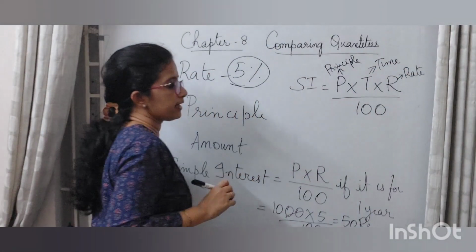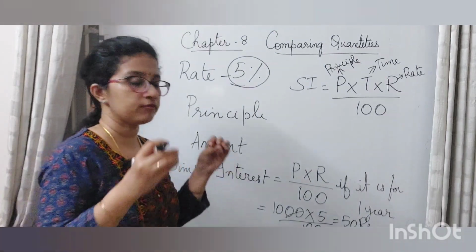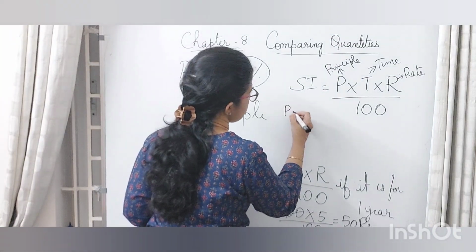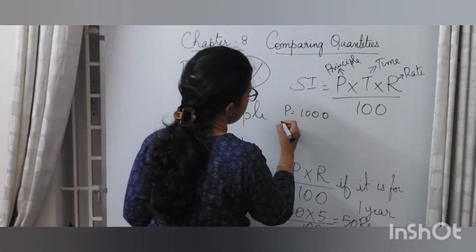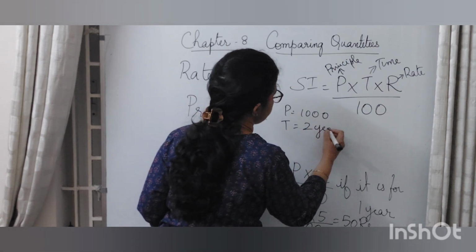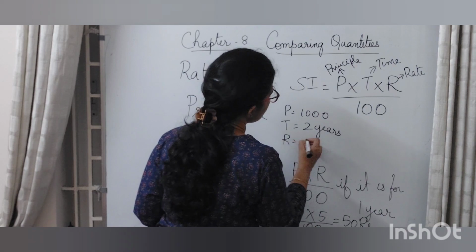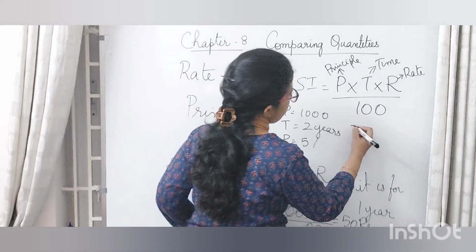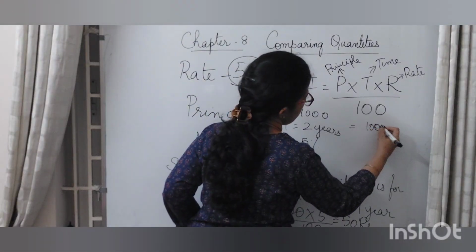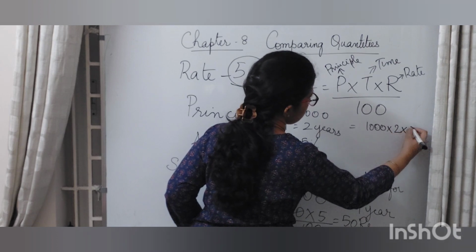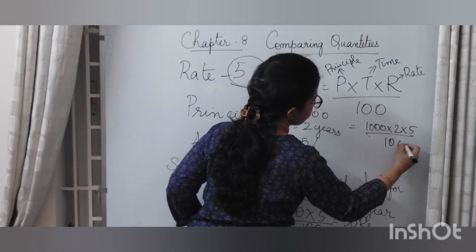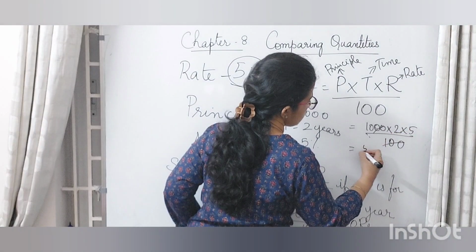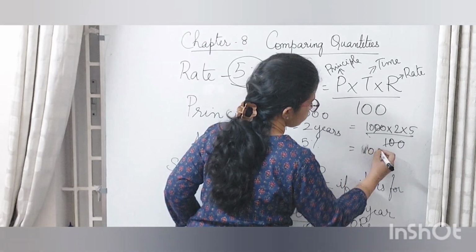Suppose we have taken a principal of 1000 rupees, so P is equal to 1000, T is equal to 2 years, and R is equal to 5% interest. Now the simple interest can be calculated as 1000 into 2 into 5 by 100, which is equivalent to 20 into 5, that is 100 rupees.